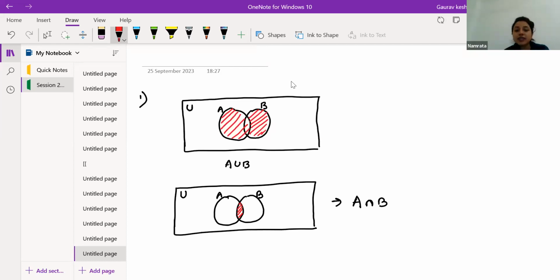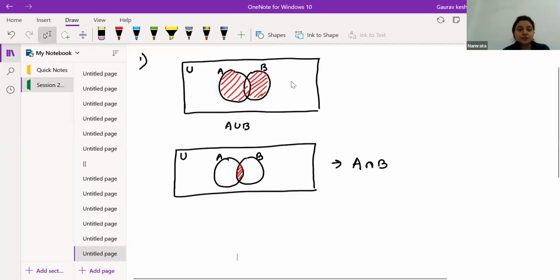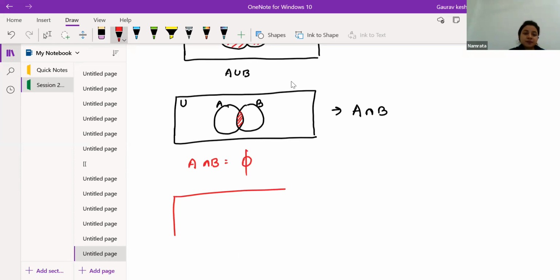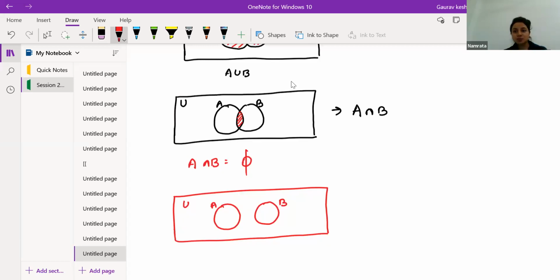Now, if we have to draw the Venn diagram of A intersection B when there is no common element in A and B, whenever we are having A intersection B as null set, like nothing is common between A and B, then the Venn diagram will be like this. Universal set. Here we will be having set A and here we will be having set B. Here A intersection B means there is nothing common between A and B. There is no element which is there in set A and in set B also.